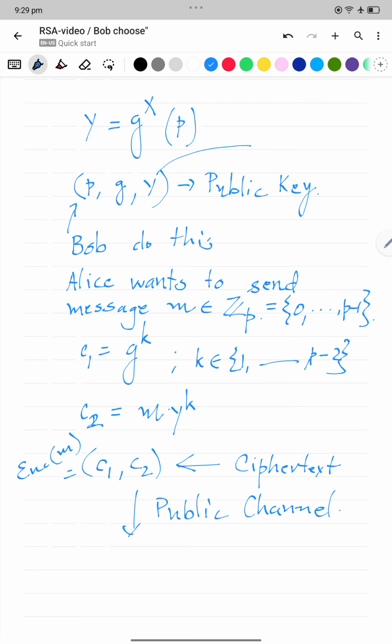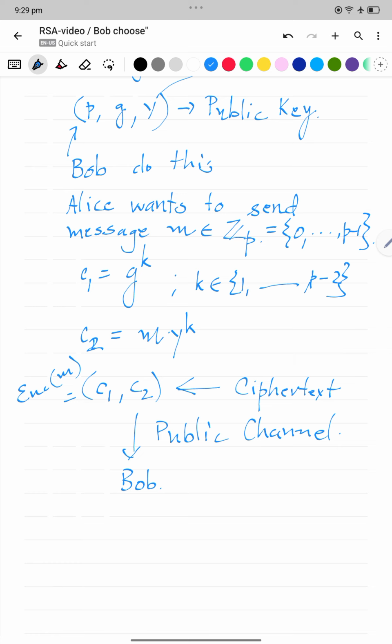Now this goes to Bob, and Bob needs to decrypt it.